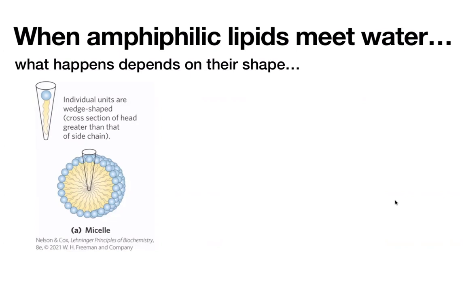If you have something like a soap or a detergent, where basically you have a single tail and a head, where the cross section of that head is greater than that of the side chain, you kind of have a cone shape. If you stick that into water, it's going to form a micelle, where all those nonpolar parts are in the center and there's no room for anything else around it.